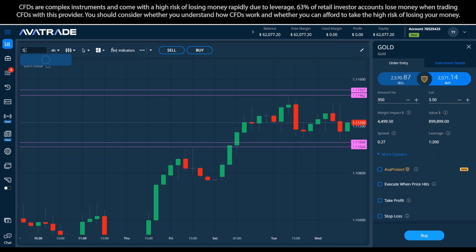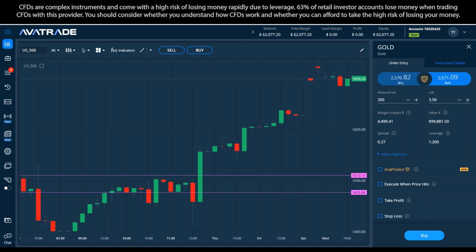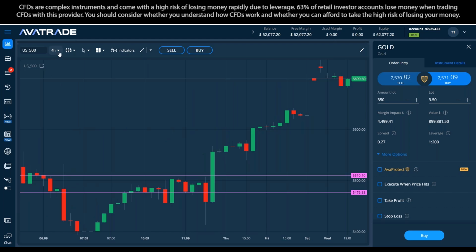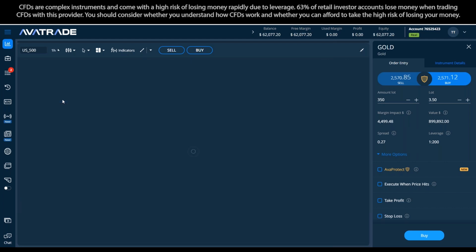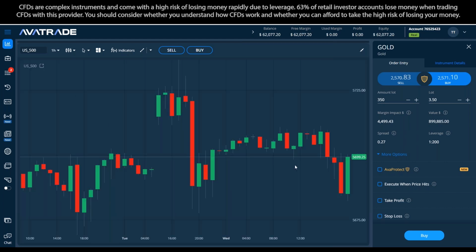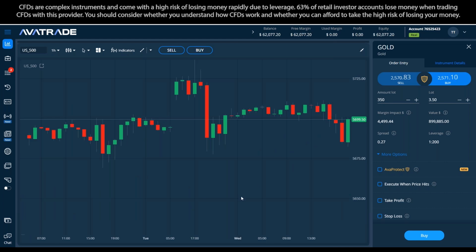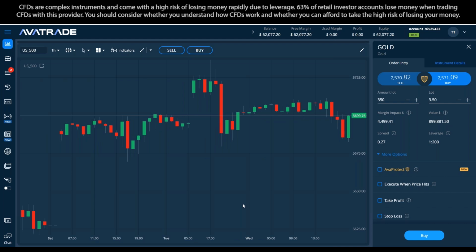What about the US 500, Dow Jones, NASDAQ? We can look again at ranges. Here are the 1-hour candles. This is just in the past couple of days, a range that developed.